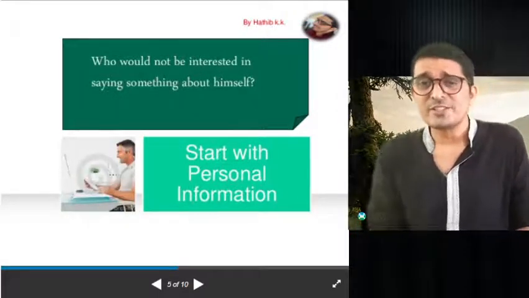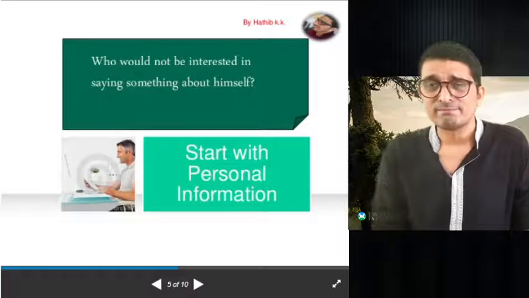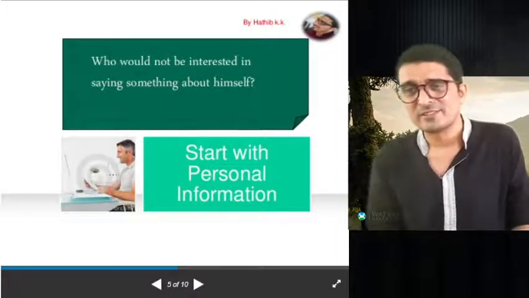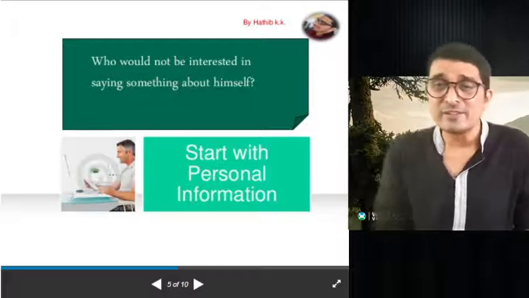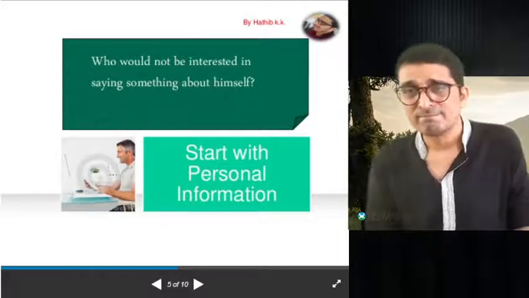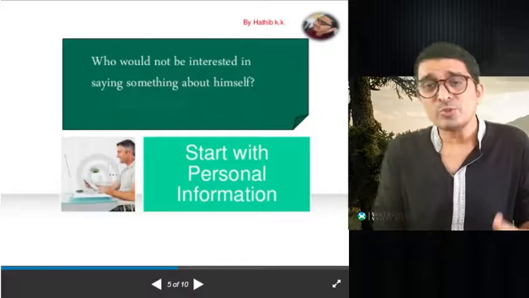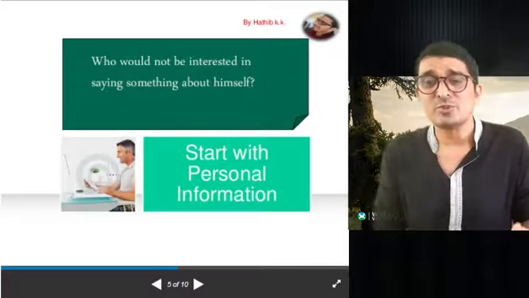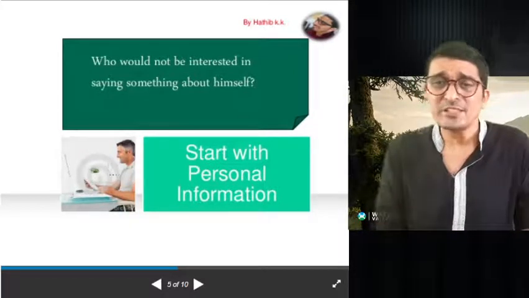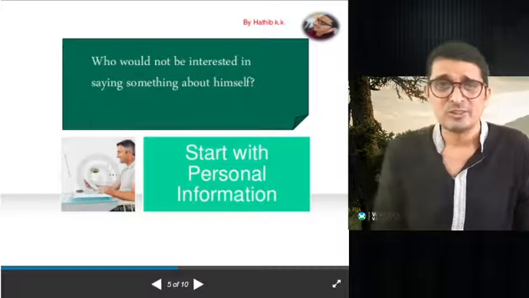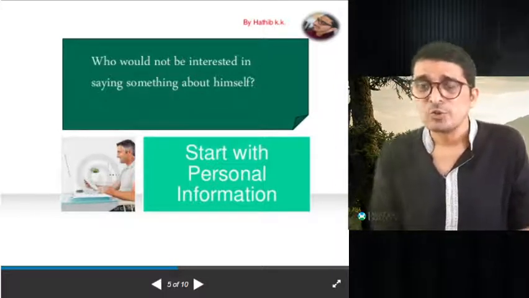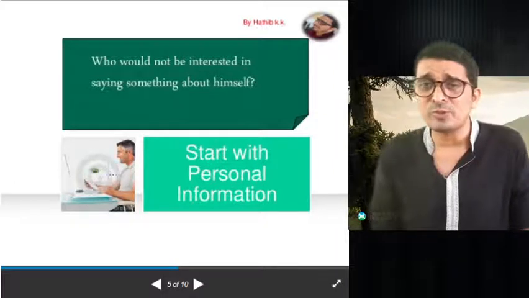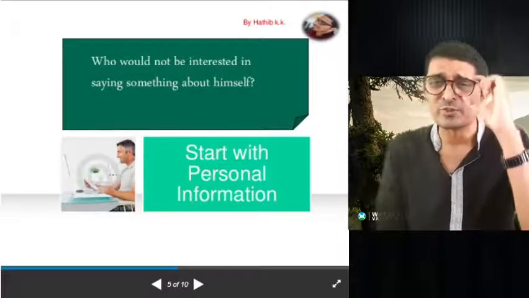Then start with some personal information. Most of us are interested in giving our personal information. We want to tell about ourselves. That's human nature. Who would not be interested in saying something about himself or herself? So before starting the questions related to the topic, ask some personal questions.